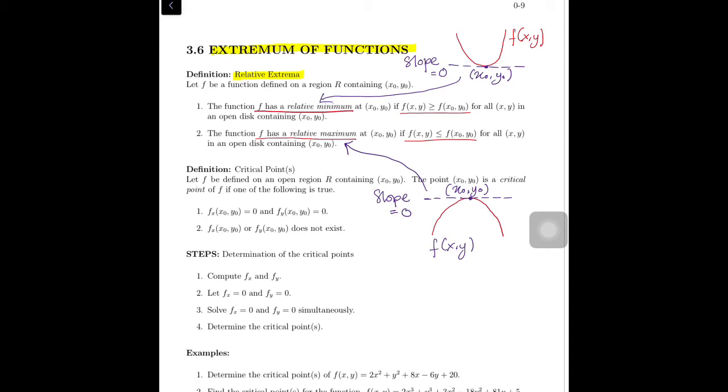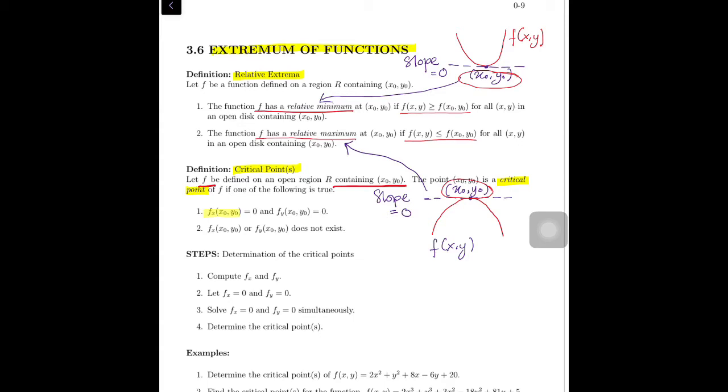Then we move to the next definition, critical points. Let f be defined on an open region R containing x naught, y naught. So the point x naught, y naught is a critical point of f if one of the following is true.